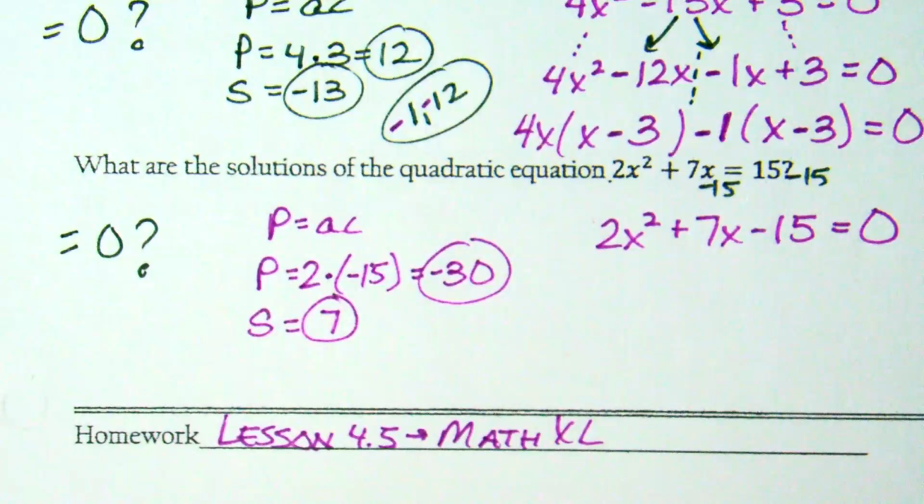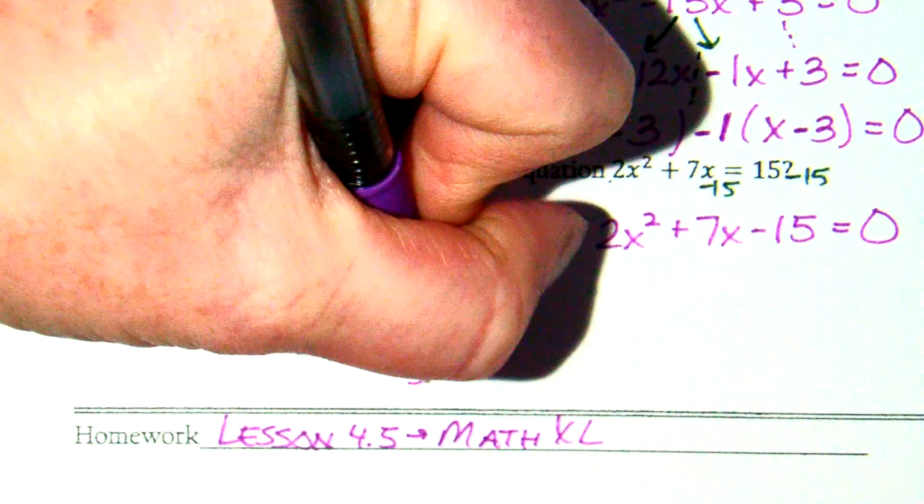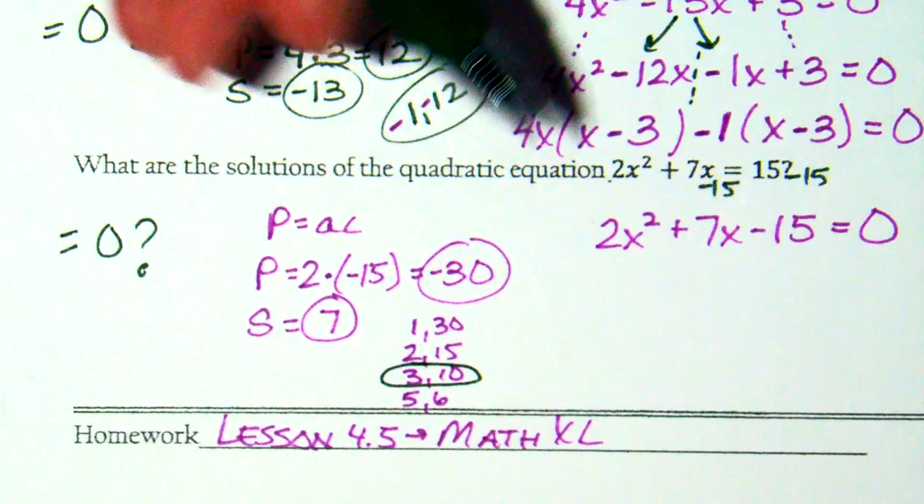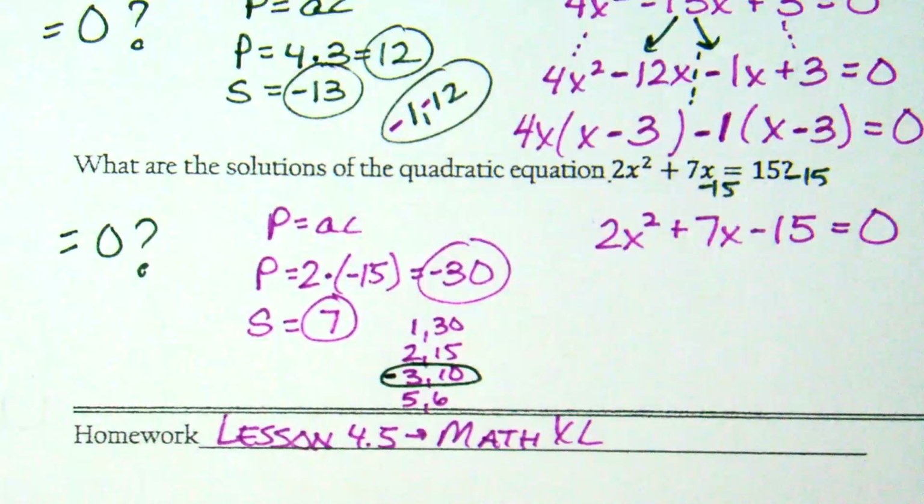If you're not sure, go through your list. 1 and 30, 2 and 15, 3 and 10, 4 doesn't work, but 5 and 6. And you find a pair at 3 and 10. If it multiplies to be negative, remember you need one of each. If it adds to be positive, bigger number positive, so smaller number negative. So I'm going to use negative 3 and 10.